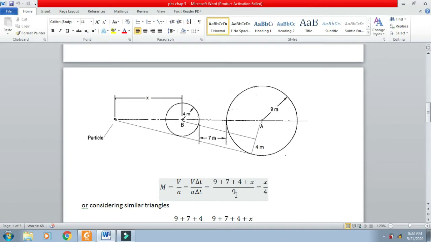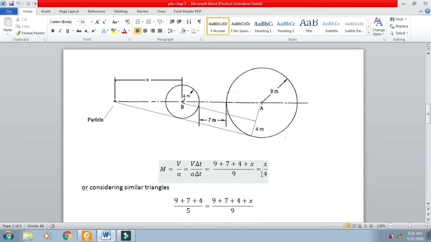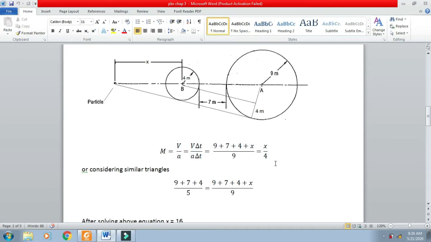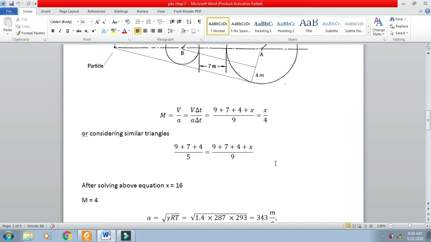The distance traveled by the particle from A is 9 plus 7 plus 4 plus x. If we sum the radius and the intermediate distances, then it is 9 plus 7 plus 4 plus x. If our reference is point B, the distance traveled by the particle is x, and the distance traveled by the wavefront is 4. We solve the two equations and we will get x equal to 60.